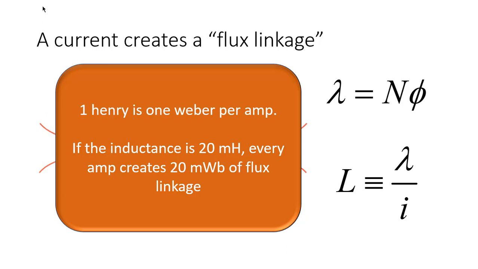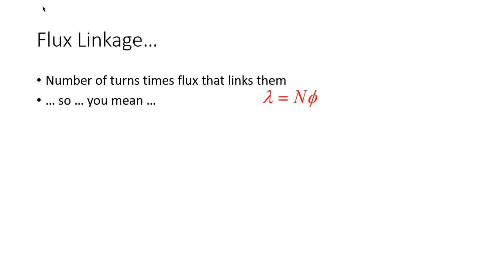If the inductance of a coil is 20 millihenries, that means that every ampere flowing through the coil creates 20 milliwebers of flux linkage. So the number of turns multiplied by the flux that links those turns is a flux linkage, right? Lambda is N multiplied by phi, Webers and Webers.